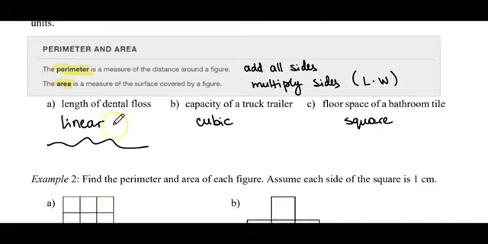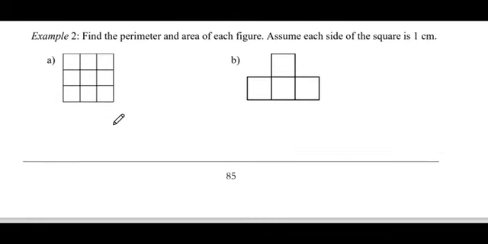Let's look at example number 2. Find the perimeter and area of each figure. Assume that each side is 1 centimeter. To find the perimeter, I need to add all sides. I know that each little square is 1.